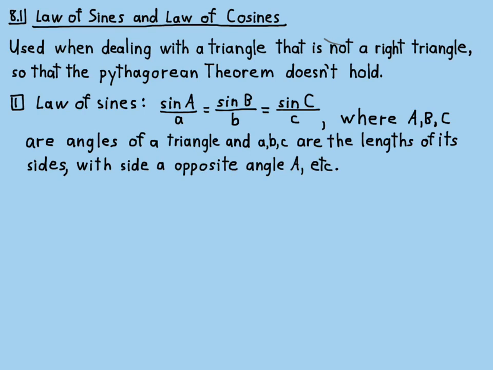Little a is the side opposite angle capital A, little b is the side opposite angle capital B, and little c is the side opposite angle capital C. Okay?